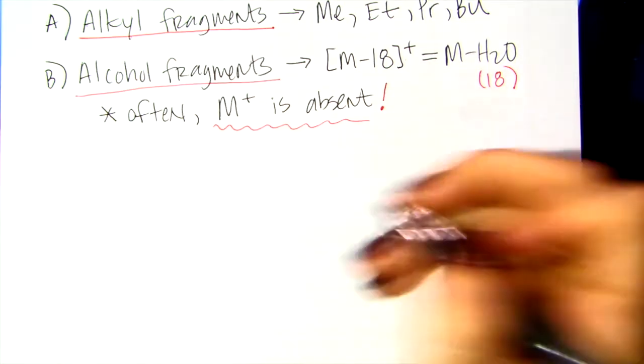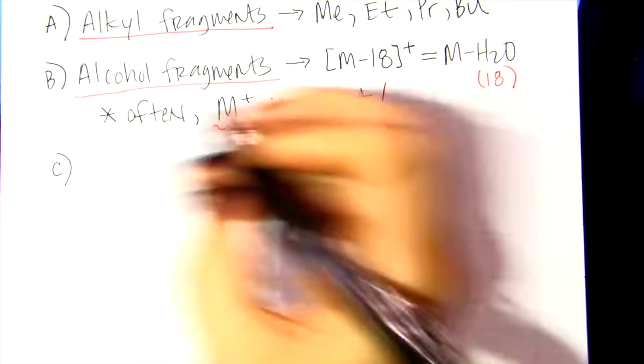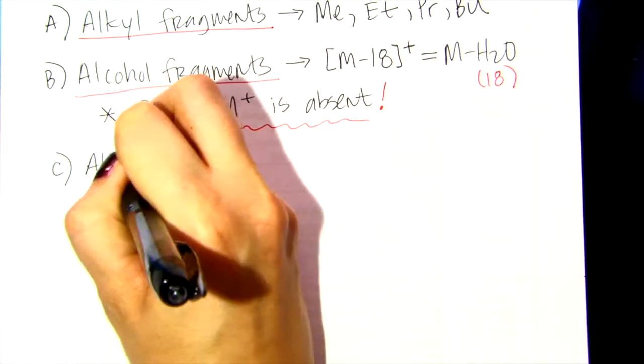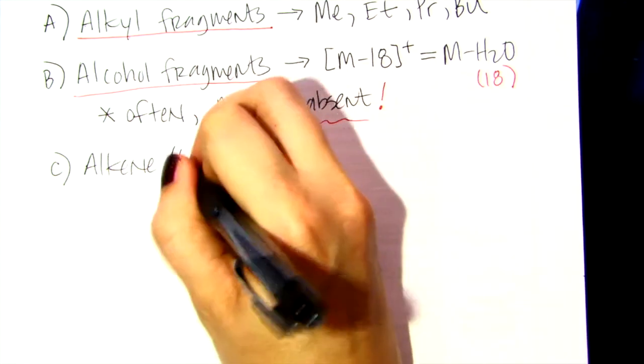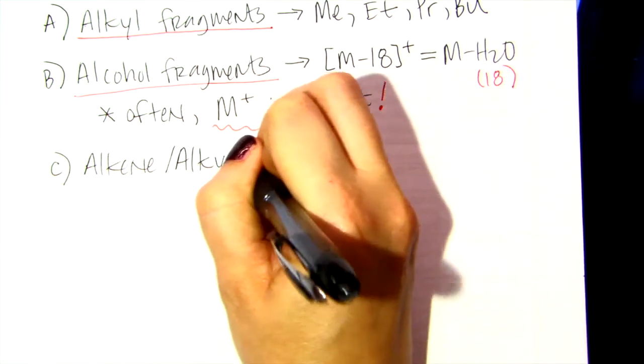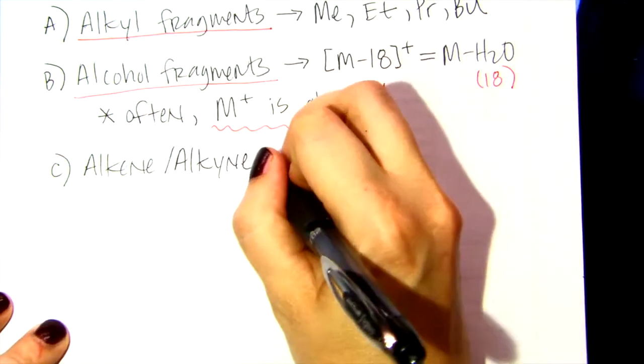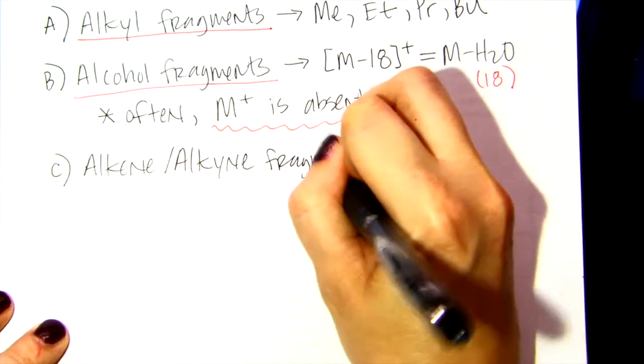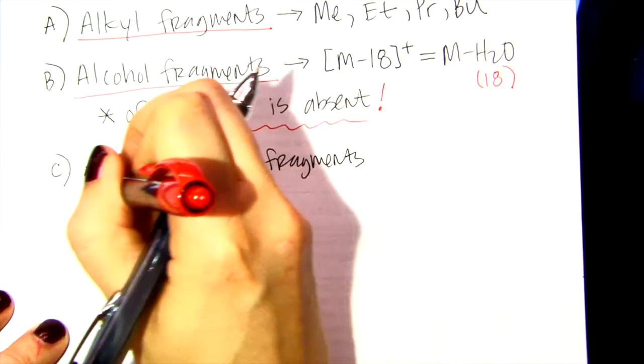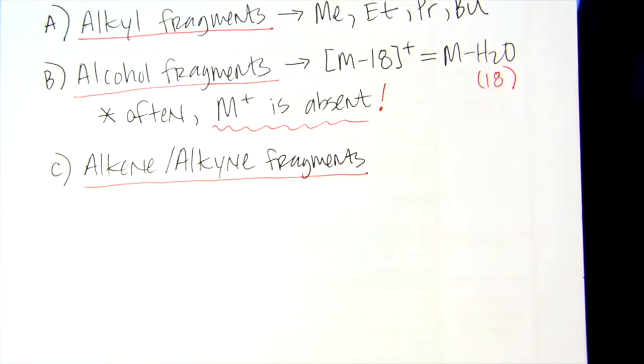Okay, so that's what's happening with the alcohol. And then the last one you'll see is when you have things like alkenes and alkynes. Those will usually fragment in very specific places, and that's based on carbocation stability. Because when you have an alkene or an alkyne, you now have the ability to have an allylic cation, which is very, very stable.